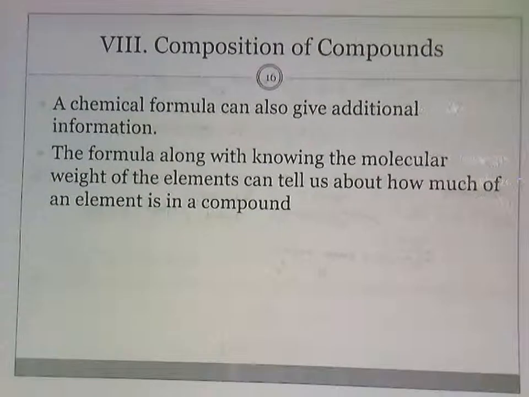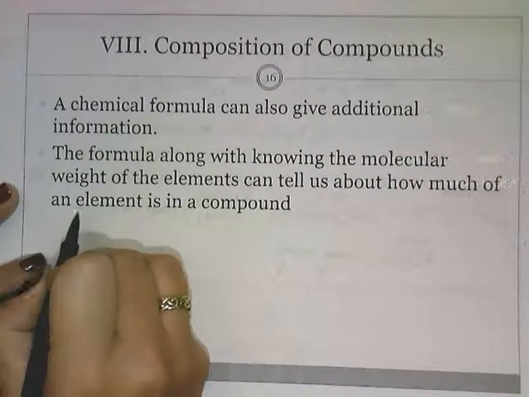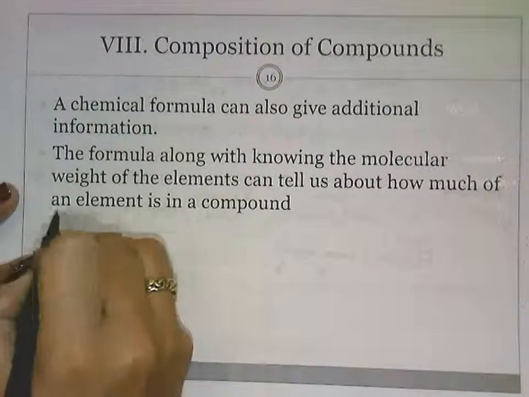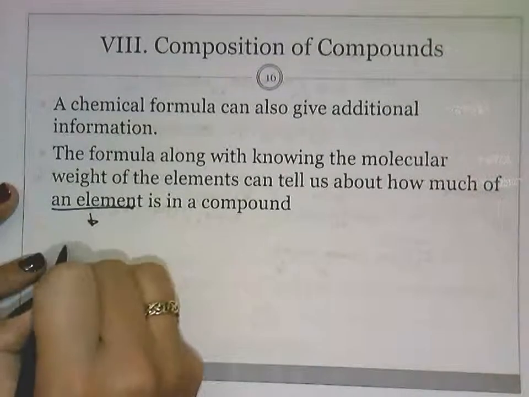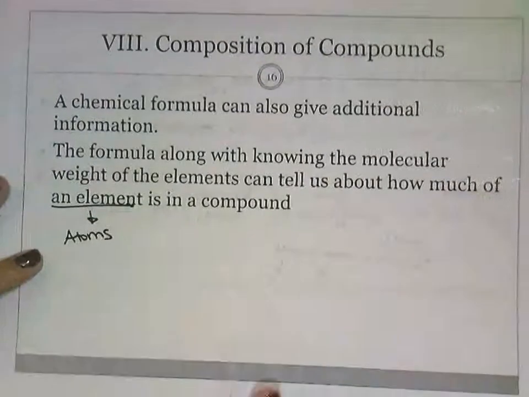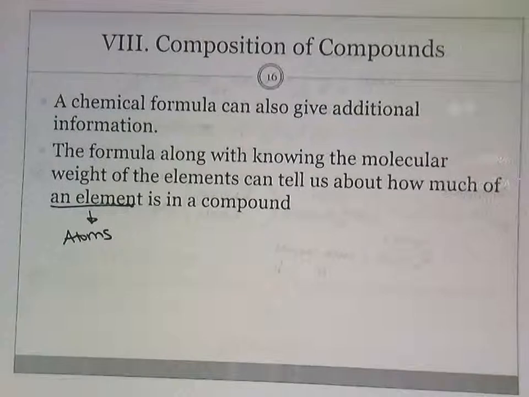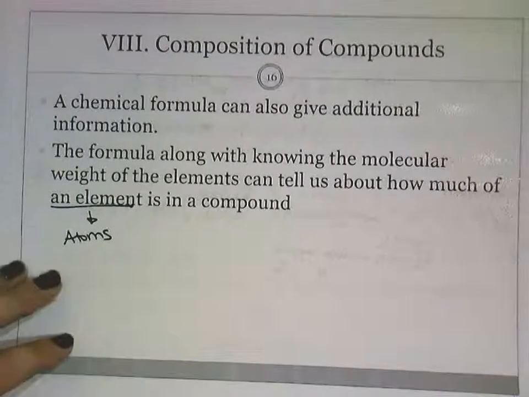All right, so the chemical formula can also give some additional information. If you know the formula along with the molecular weight, we can figure out how many atoms are in that compound. That's on the next slide.